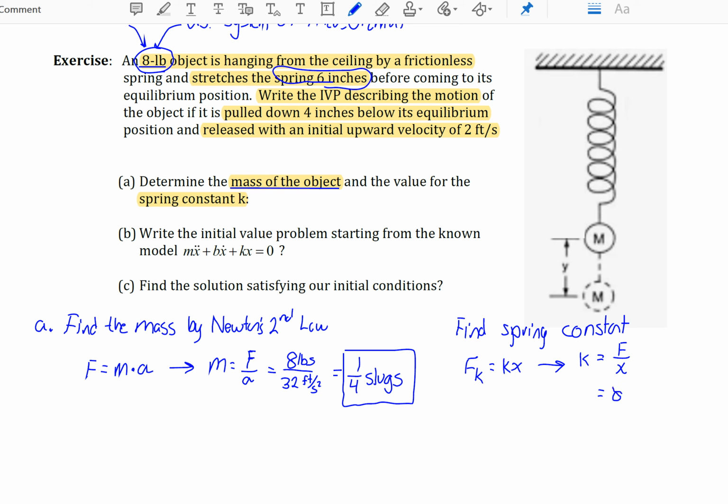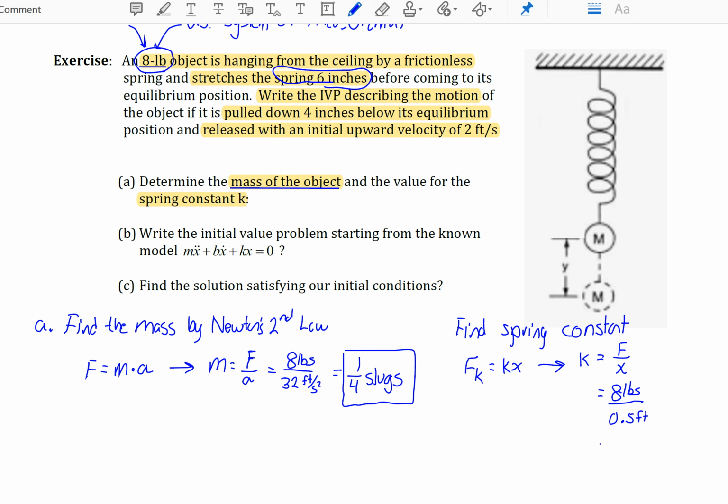So that 8 pounds divided by your displacement. But you can't use inches here. Here you have to use your distance measured in the U.S. system. And in the U.S. system, distances are measured in feet. So we're going to say this is 0.5 feet.